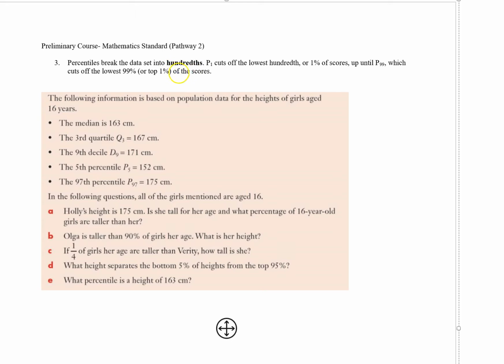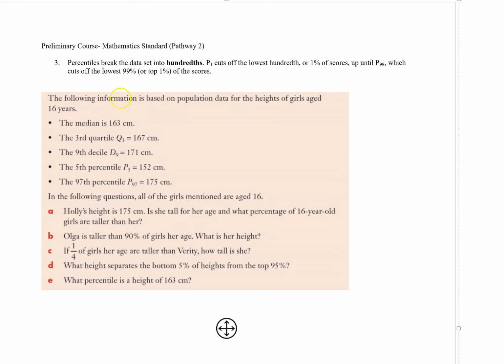So you can imagine dividing your data into 100 equal divisions, and each one would be called a percentile, 1%, 2%, etc. And P1 cuts off the lowest hundredth, the very first hundredth, which actually represents 1% of the scores, up to P99, which would represent 99% of the scores.